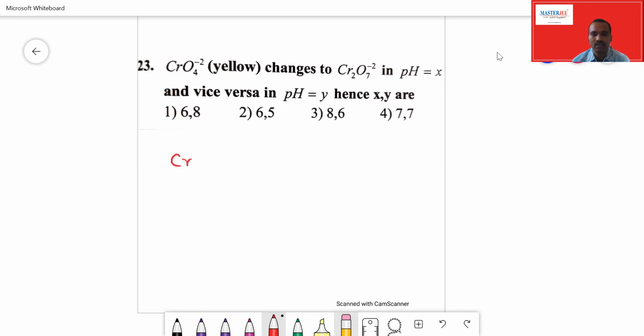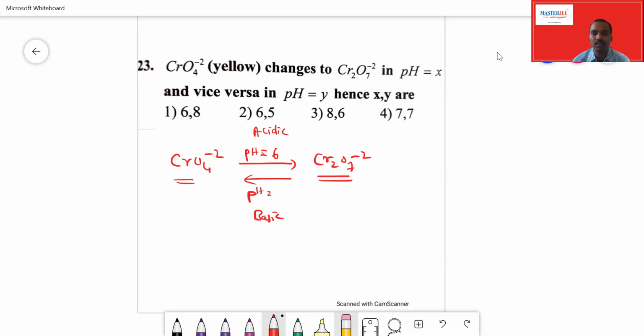Chromate CrO4 2- changes into dichromate Cr2O7 2- in acidic condition, so pH is equal to 6. In basic medium, dichromate changes into chromate, here pH will be 8. So 6 and 8 will be the answer for this question.